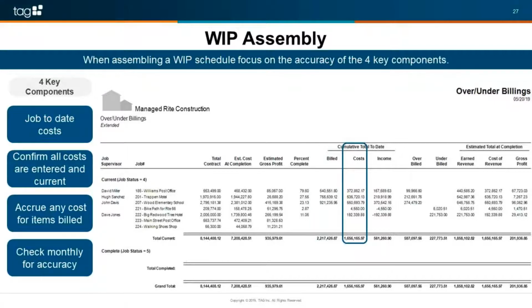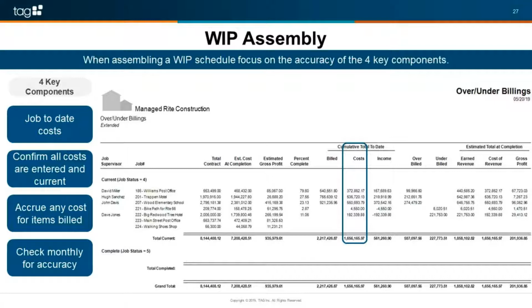My job-to-date costs. So making sure all my costs are entered and they are current. And I need to accrue for any costs on items that I might have already billed for. So potentially I've billed for a large chunk of materials, but I haven't received the invoice yet from my supplier for those materials.